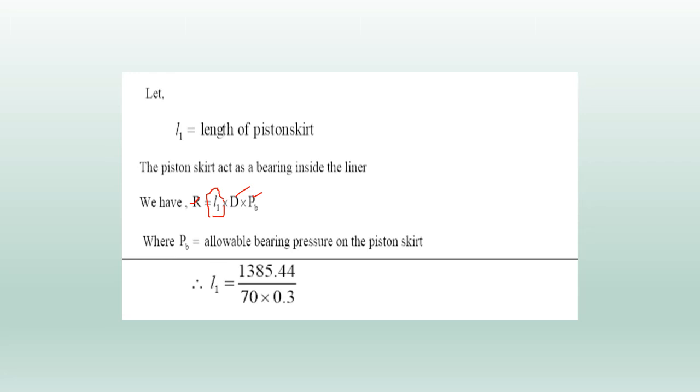By rearranging these terms, you will get L1 equal to 1385.44 divided by 70 into 0.3. Now you have to give me the answer. Use your calculators, put all these values in your calculators, find out the value and put it in the comment box.